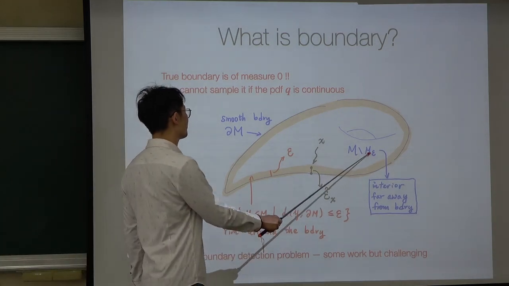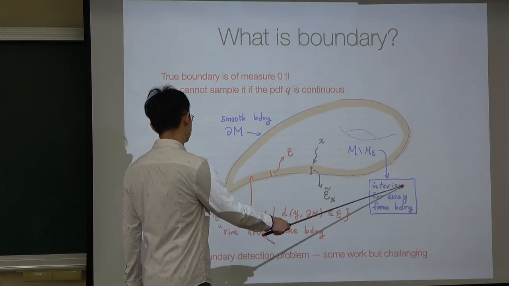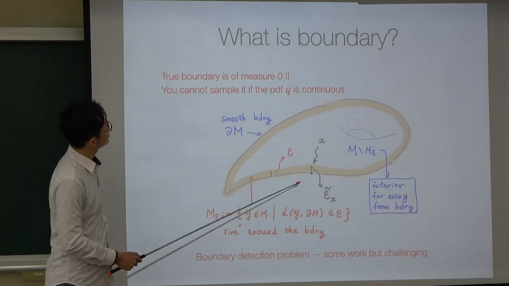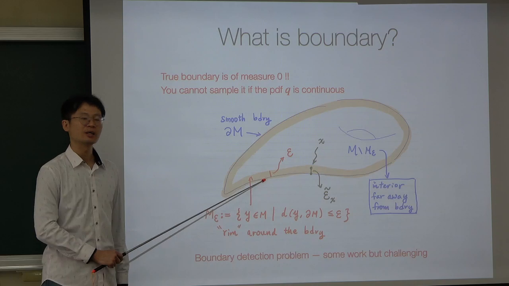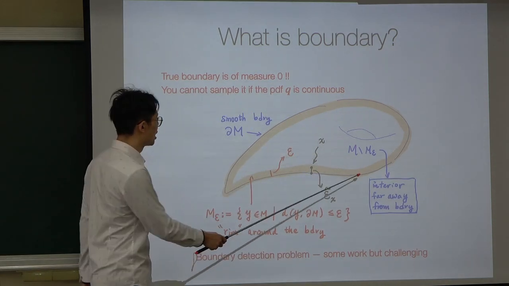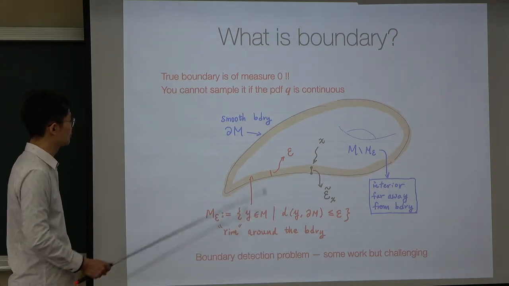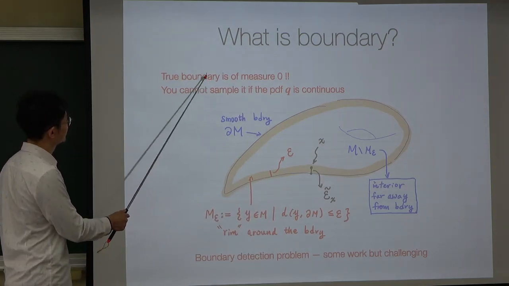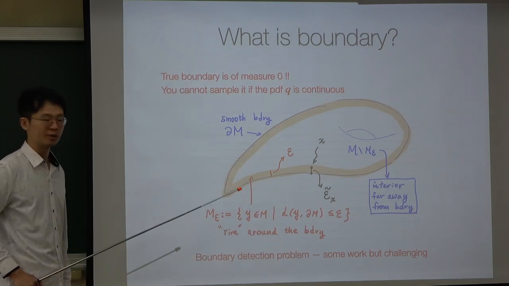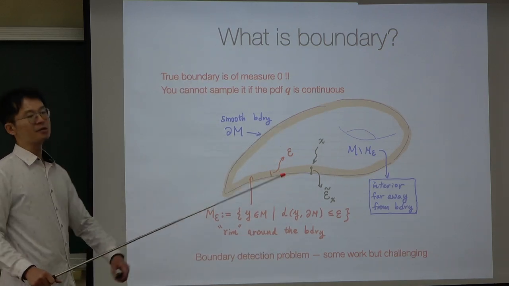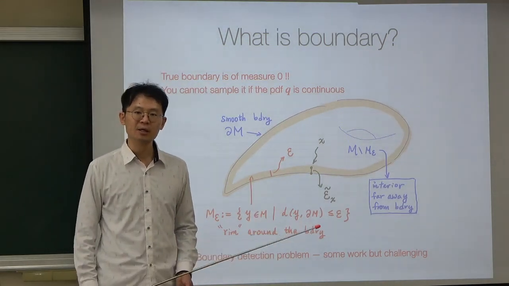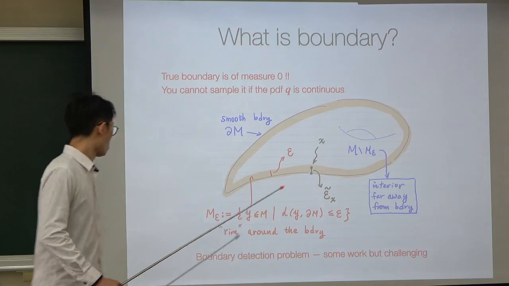If you subtract this ring, we call the rest the interior, or far away from the boundary. So the definition is slightly different from when we discuss boundary and interior in differential geometry, and the main reason is that we cannot really sample the boundary. If you have specific information, for example, you really know where the boundary is, you can sample points on the boundary, but then that will be a different set.